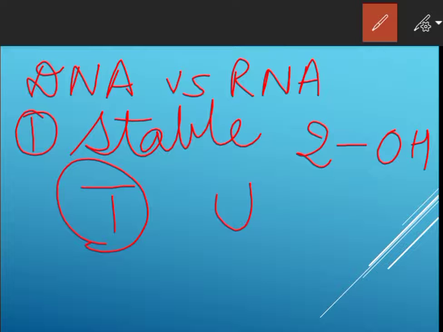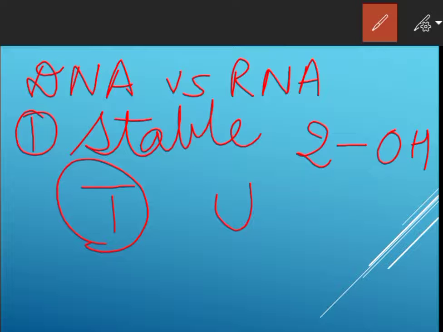Now both DNA and RNA have the ability to mutate. Since RNA is unstable, it mutates at a faster rate. That is why those viruses which have RNA genome and a shorter lifespan undergo mutation and thus evolve rapidly. DNA is dependent on RNA for protein synthesis, whereas RNA directly codes for protein synthesis.